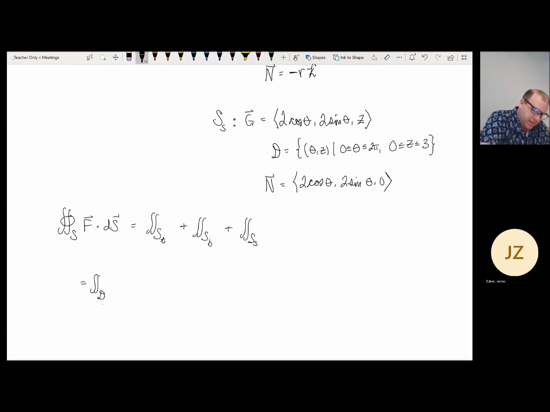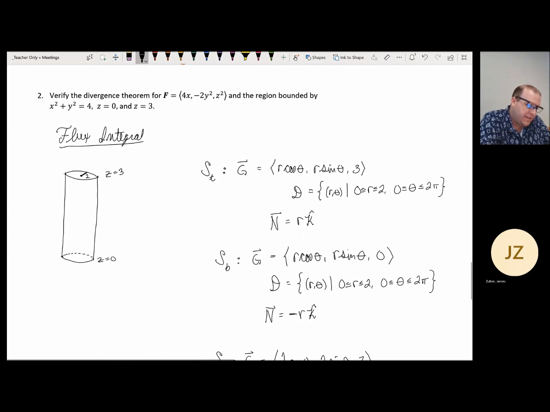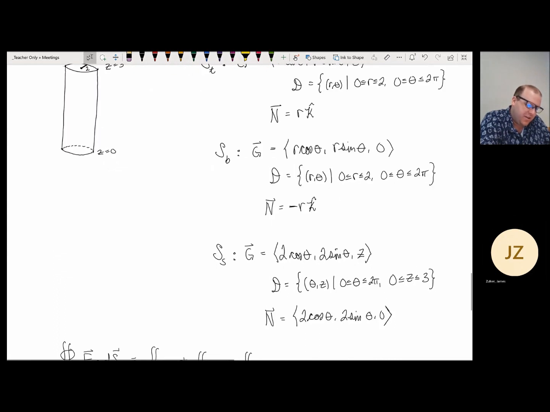I'm gonna call that dt for the top. We have to evaluate f at our parameterization. F is 4x, negative 2y squared, and z squared.